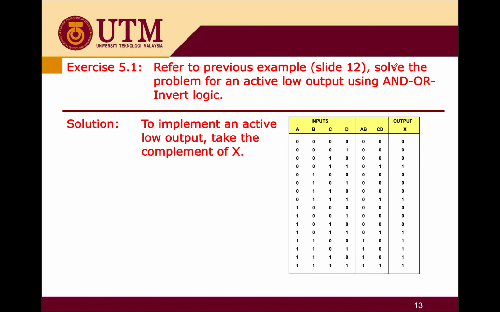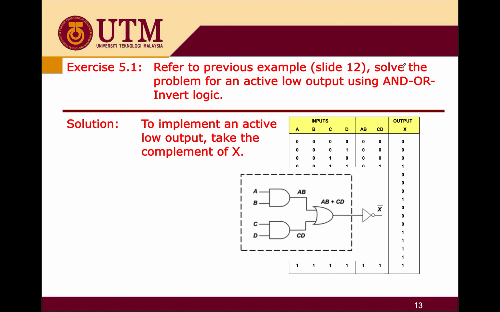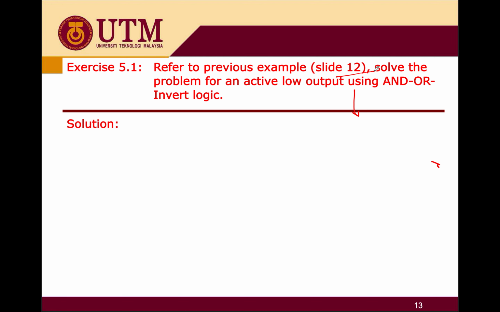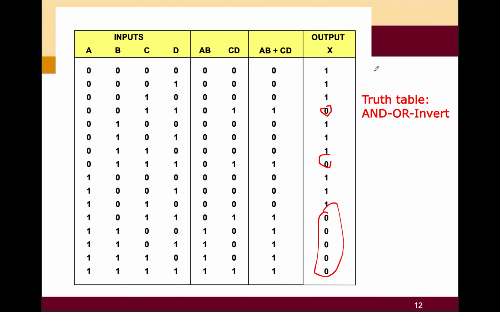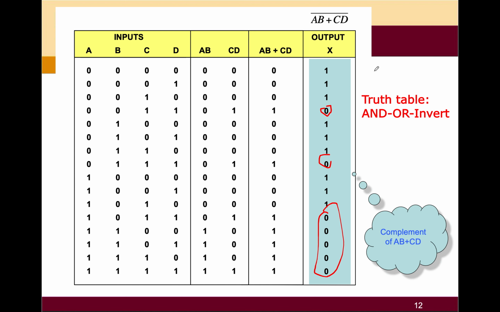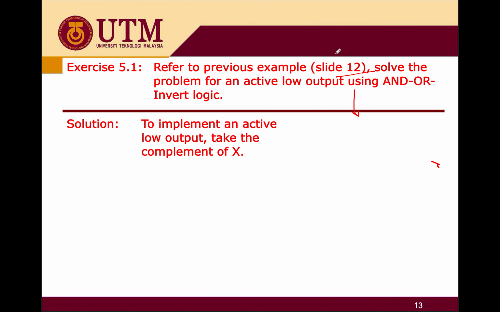You need to take out the low output, because you want to have only the low output. Sorry, this one is the one that you were given in slide 12, not this. This is from this truth table, and this output you are going to invert.